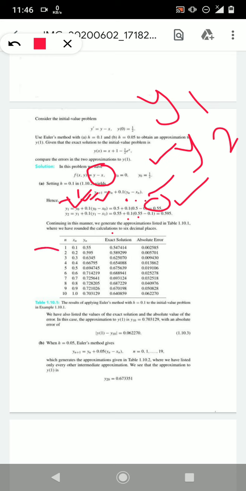So these are the function values y1, y2, y3, y4, y5, y6, y7, y8, y9 and y10.